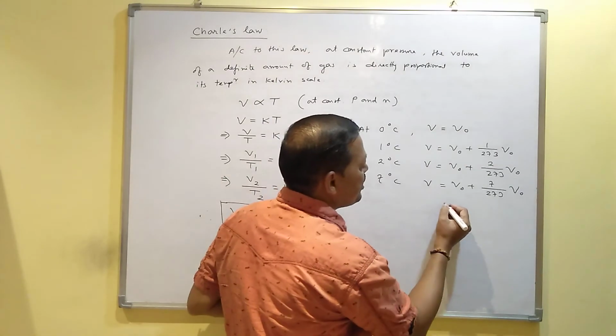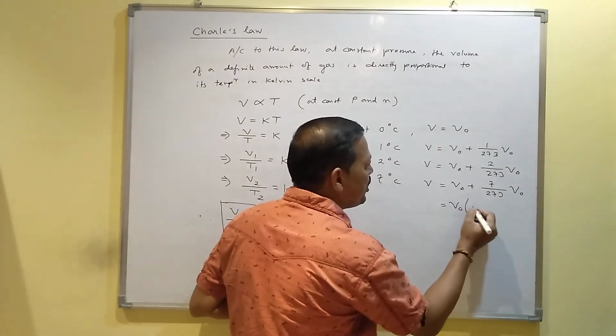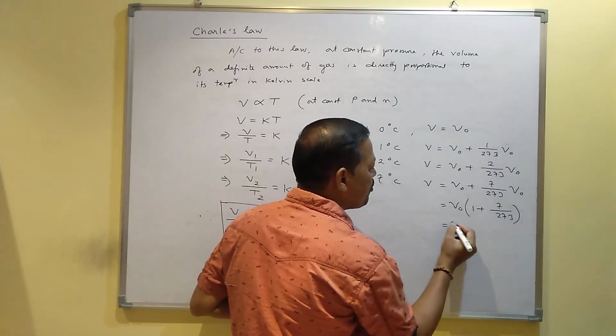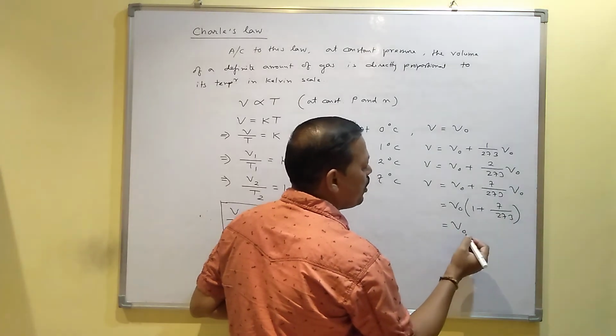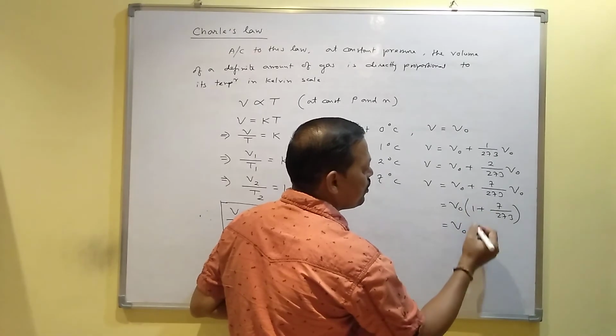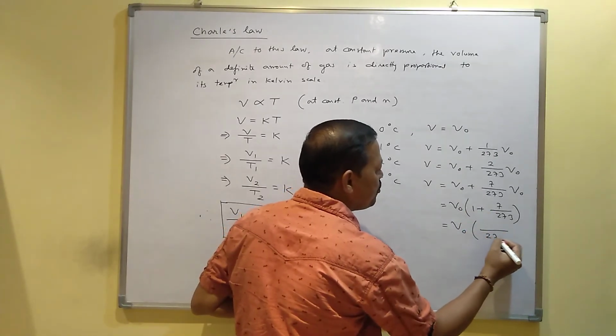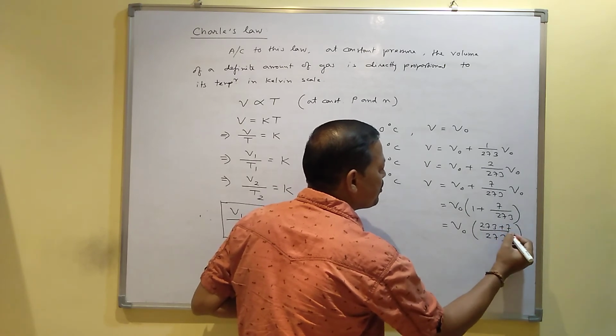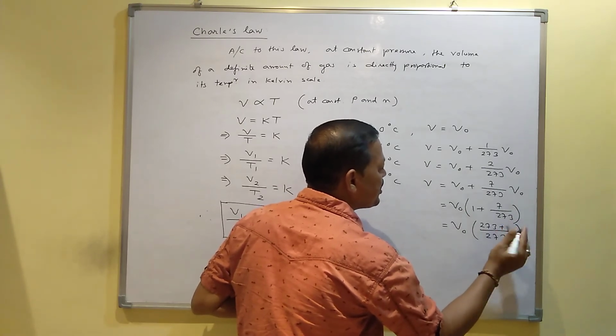At t degrees Celsius, if you take V naught common, it becomes V naught times 1 plus t by 273. If we take the LCM, it is V naught times 273 plus t, divided by 273, where t is the degree Celsius temperature.